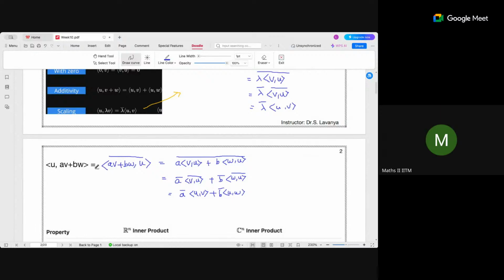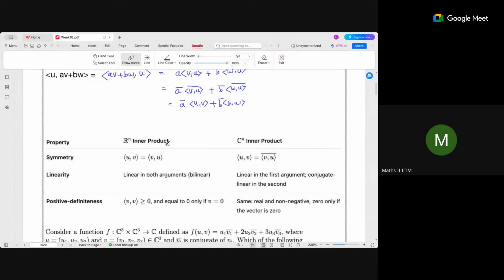So what is happening here? For the inner product of u comma av plus bw, when a and b come out of the second argument, you will have a complex conjugate for the scalars a and b. If you are working in Rn, then you will have symmetry, because in Rn the complex conjugate of a real number is the same; there is no change for a real number. But in the case of Cn, you will have conjugate symmetry.